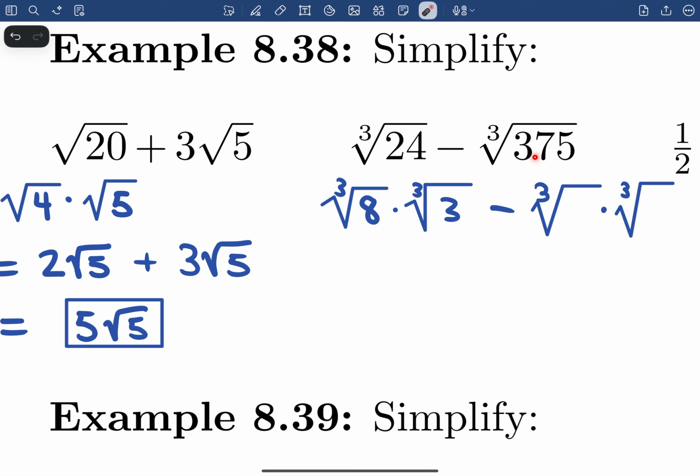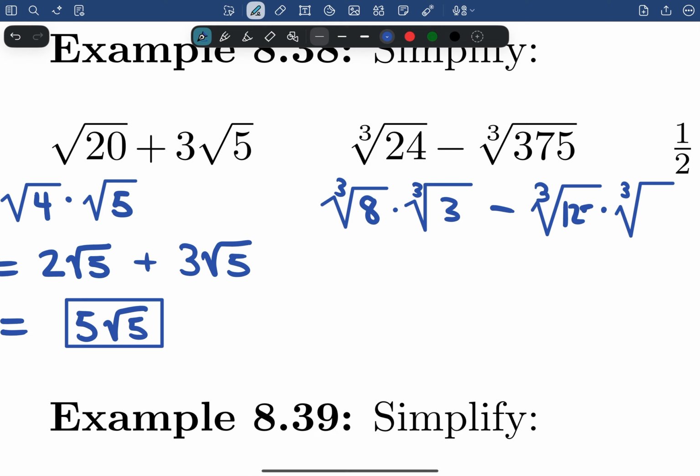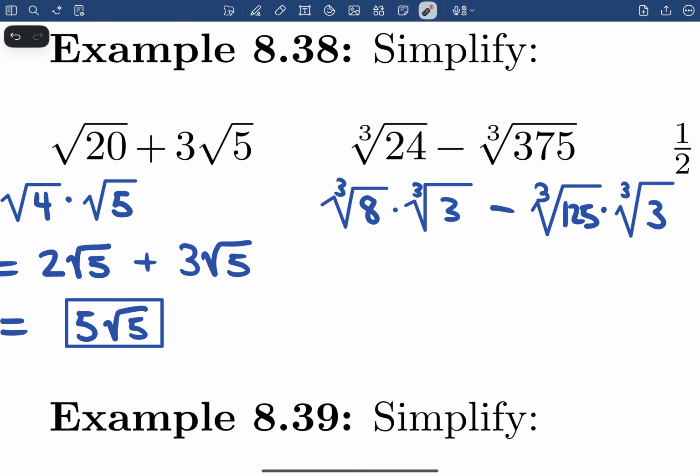Now I move on to 375, and I know a perfect cube that 375 is a multiple of. It's 125, right? The cube root of 125 is 5. So yeah, 125 is a perfect cube, and 125 times 3 gives me 375.